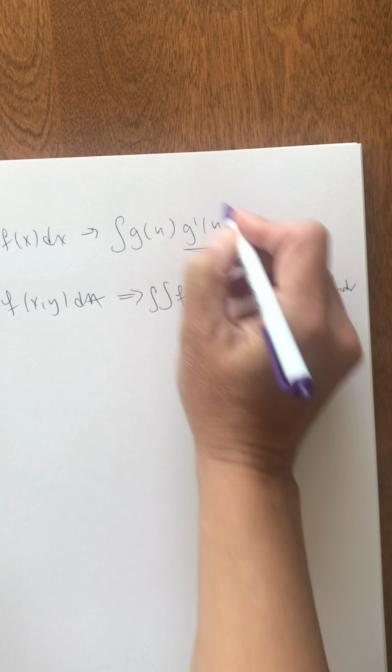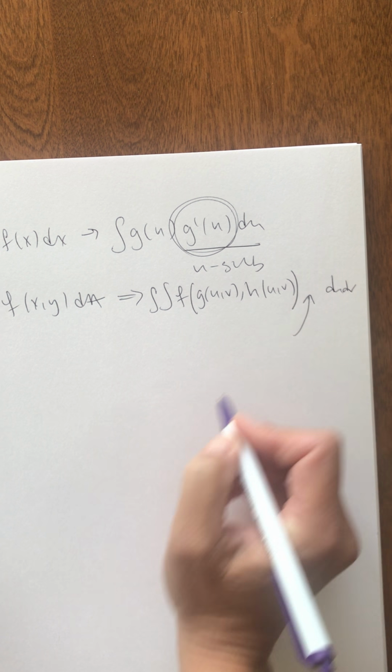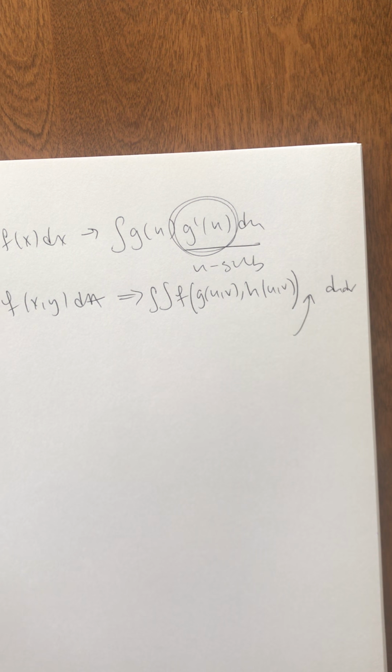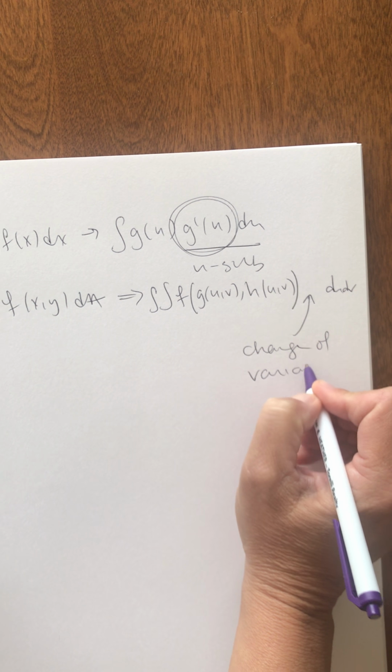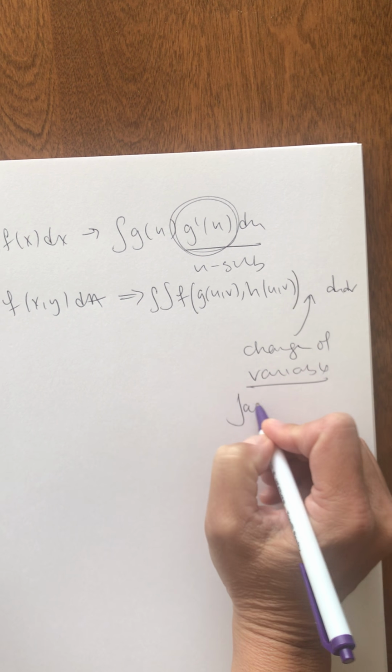The thing is, where is this change going in here? So this is going to be our change of variable, and it's called a Jacobian.